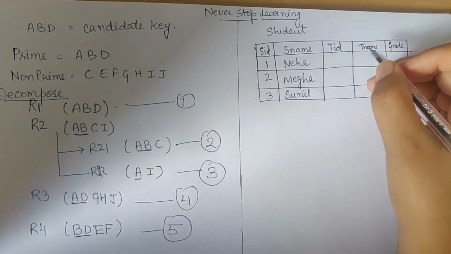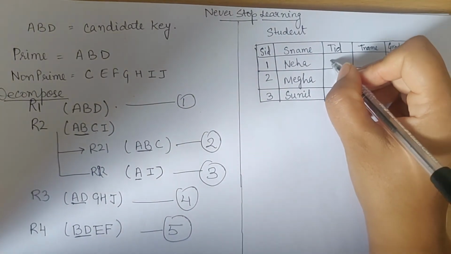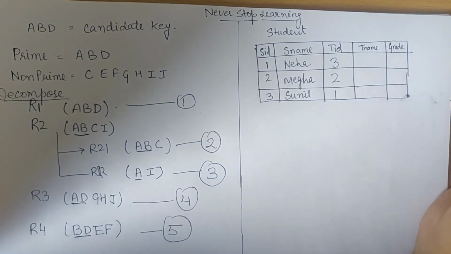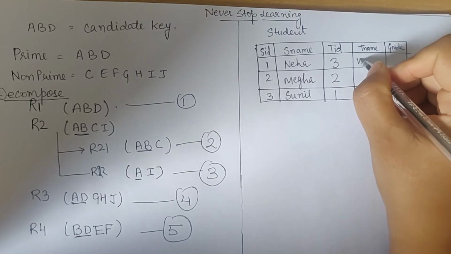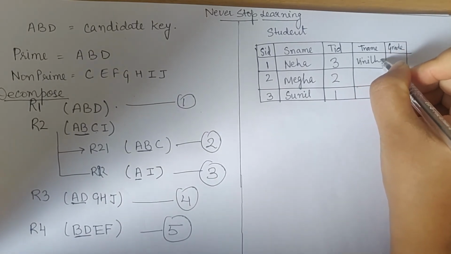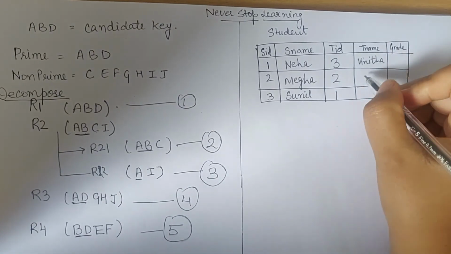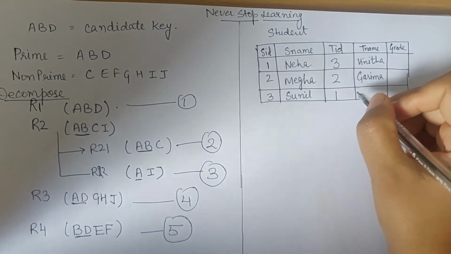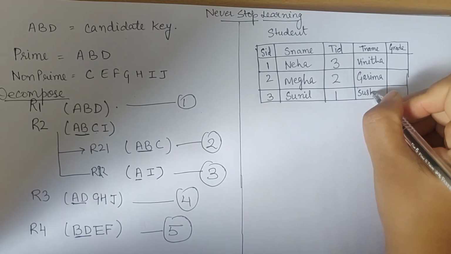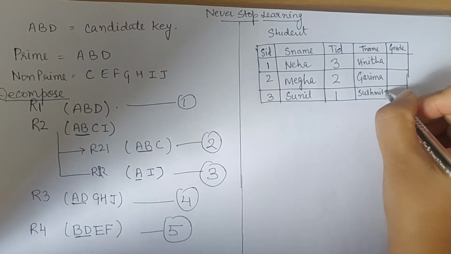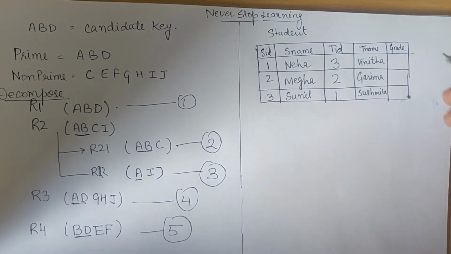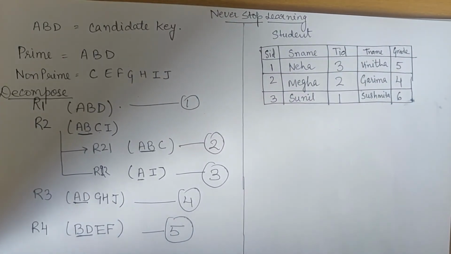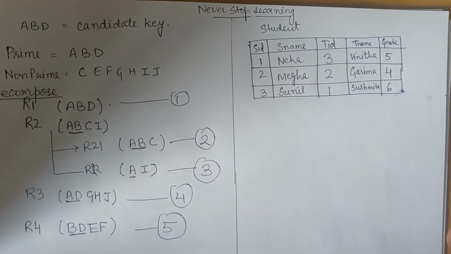Now teacher ID is something like this, 3, 2, 1, and let's give some names: Vinita, Garima and Sushmita. So they are the teachers, and some random grades I'm putting like this. So this is my student table.